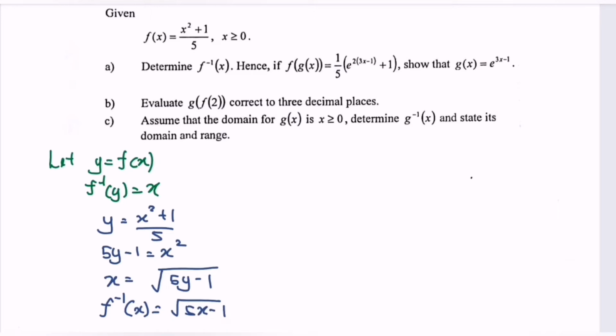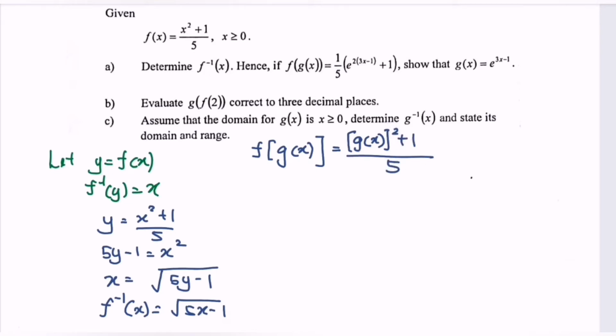Next, hence, find fg equal to the given function, and show that g(x) is as stated. What we have to do is find g(x), so we use fg, meaning we substitute the function g into f. So we substitute: g(x) squared plus 1, all over 5.